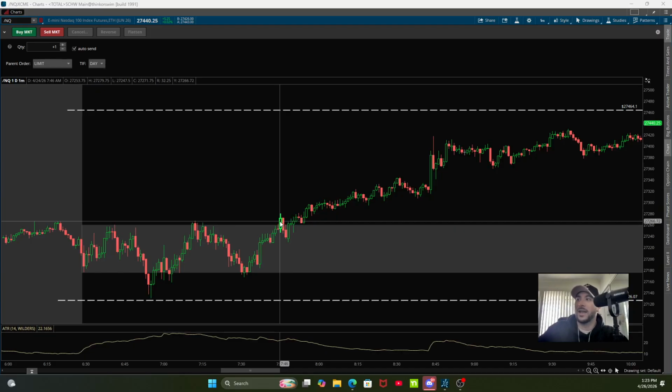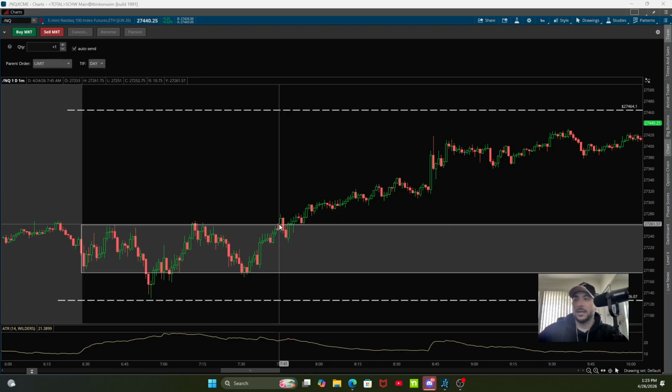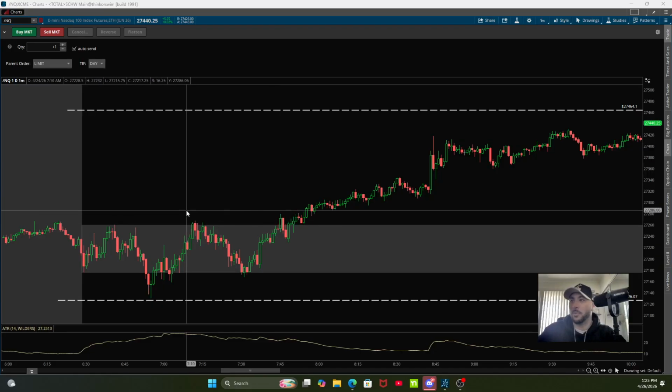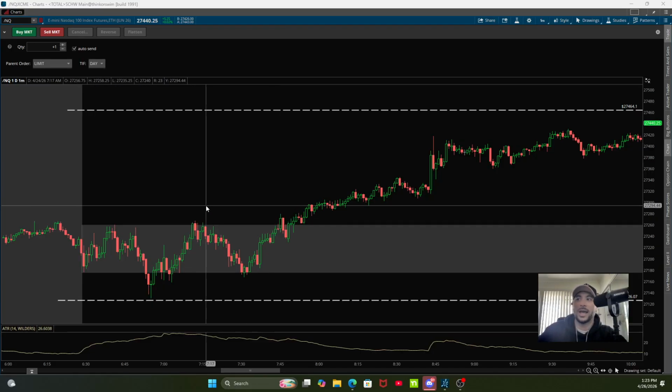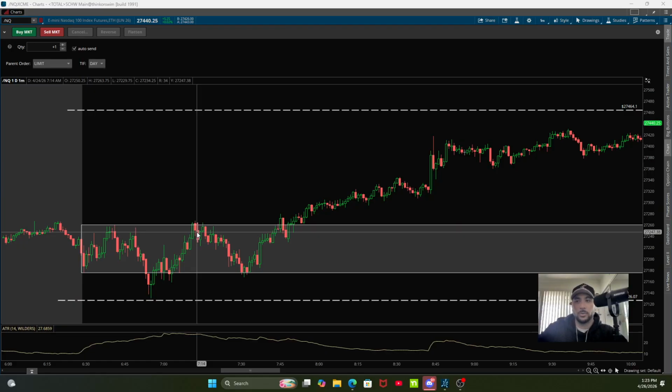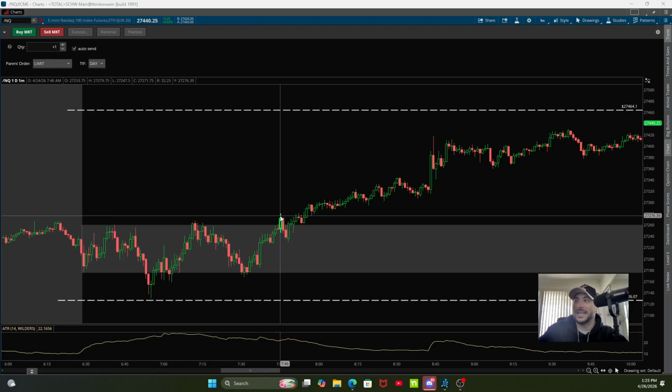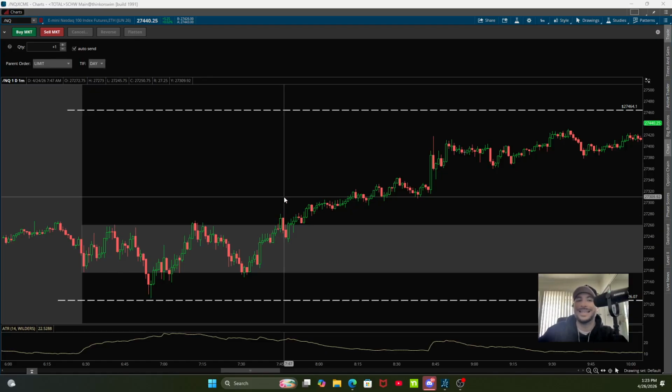So now that we finally got our good entry trigger by breaking that 15-minute ORB to the high side, we know that we're in bullish context. We're finally getting that momentum closure outside that 15-minute ORB. Now we're going to start looking for that entry.